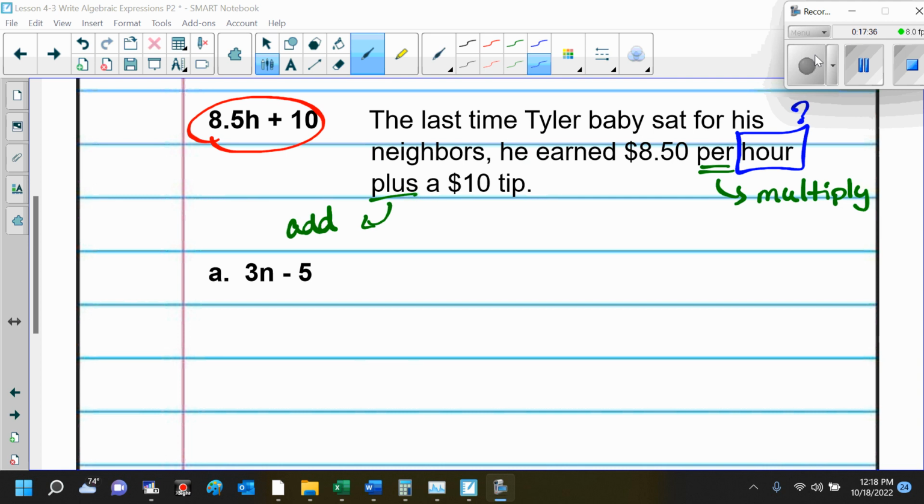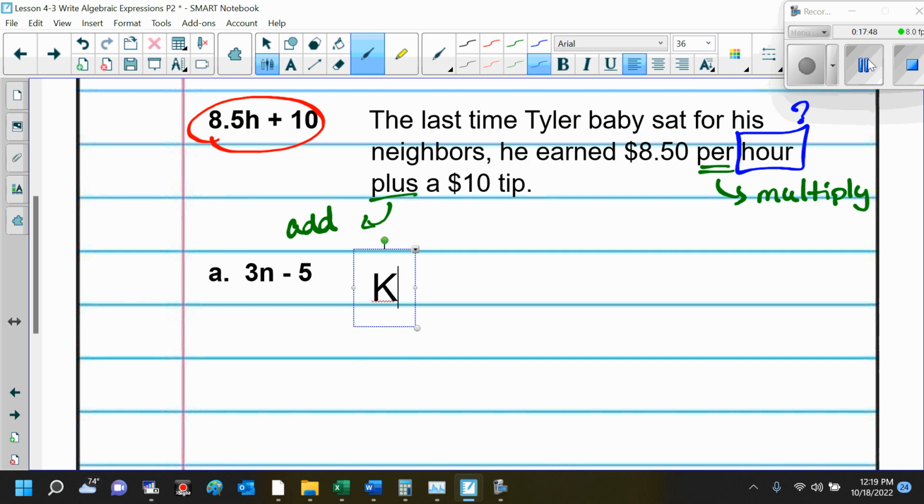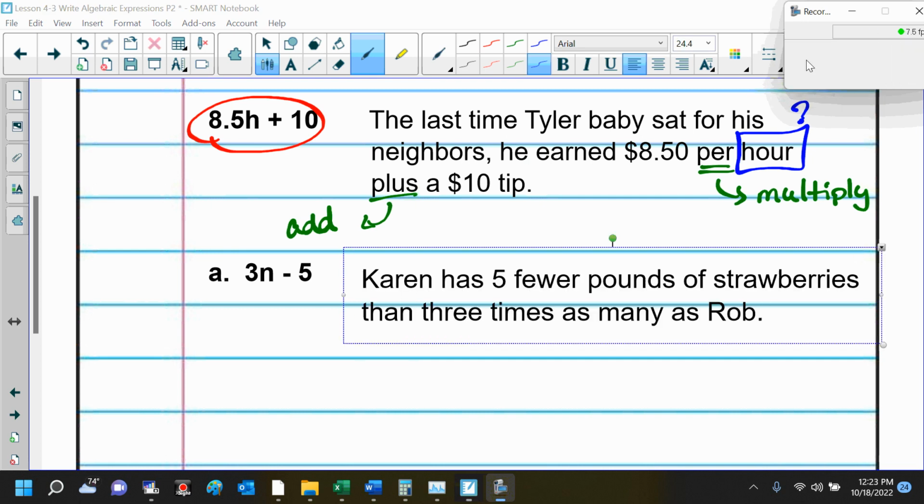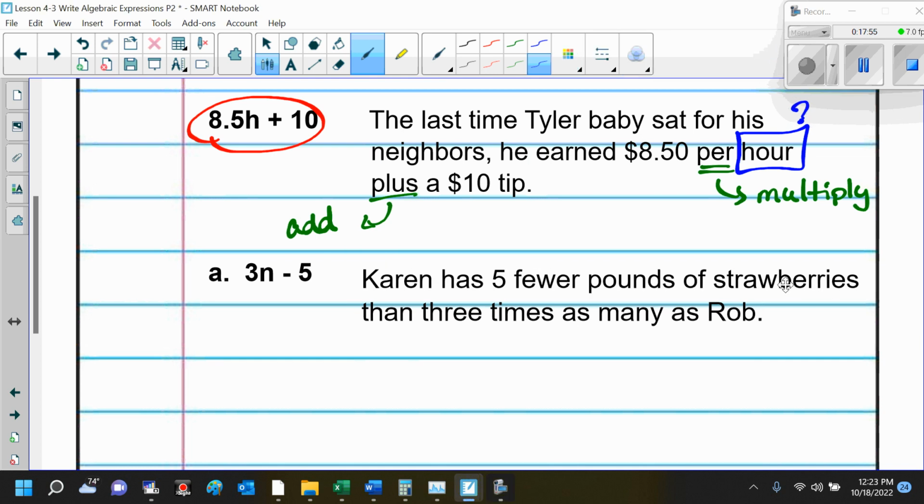So for this one, let's just make something up. Let's say Karen has 5 fewer pounds of strawberries than 3 times as many as Rob. So the thing that we don't know is how many pounds of strawberries Rob has.